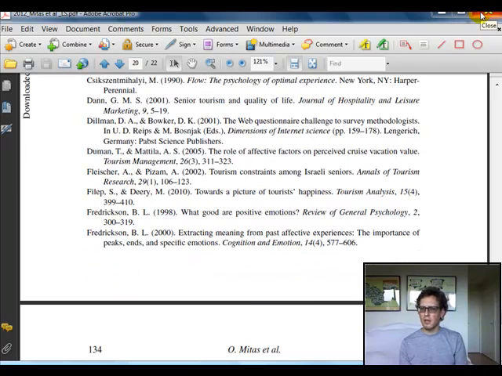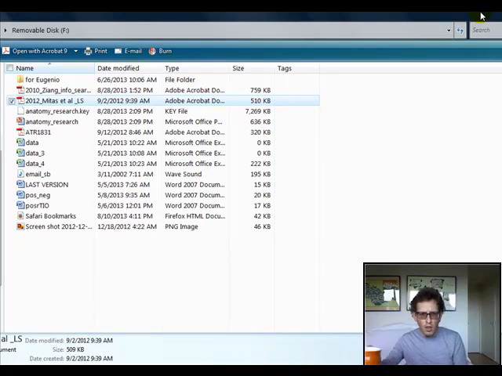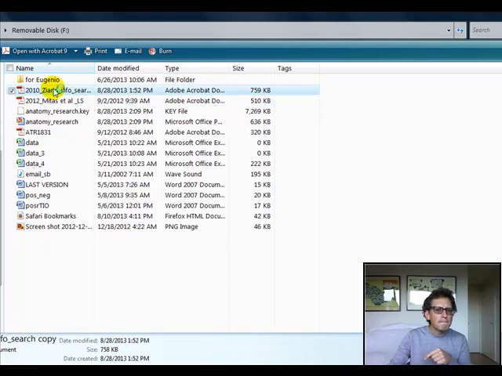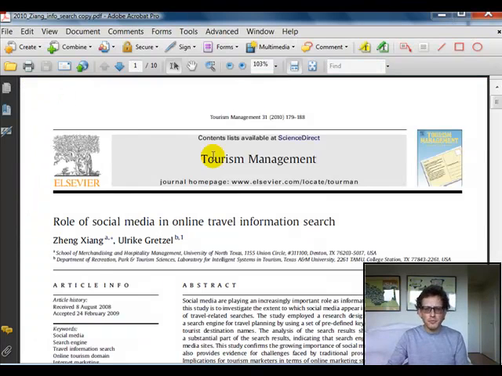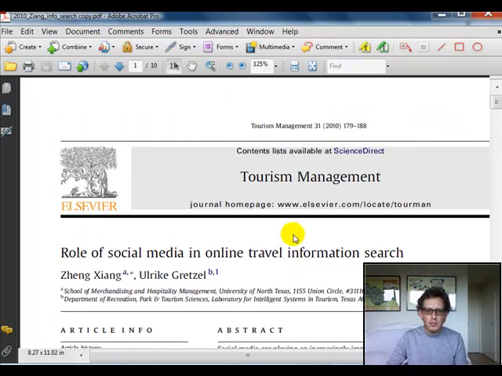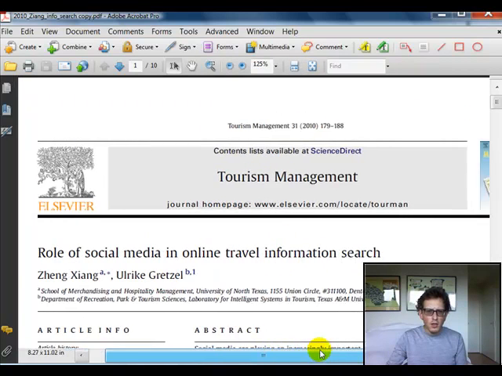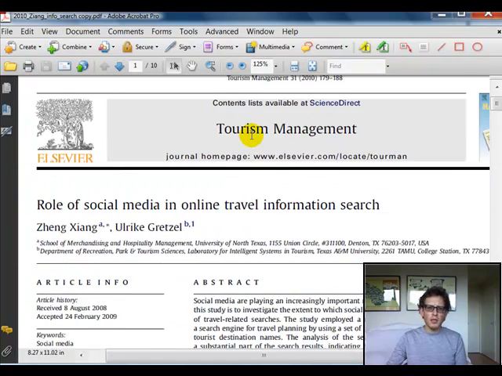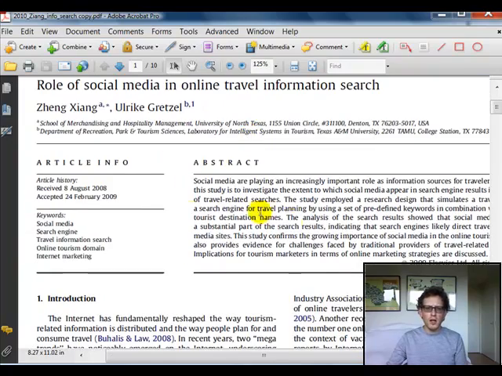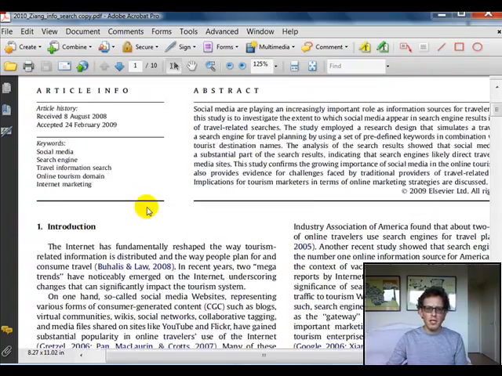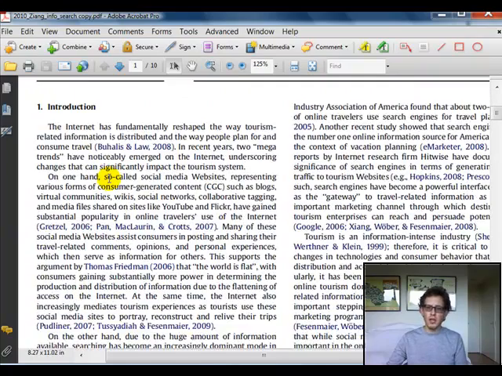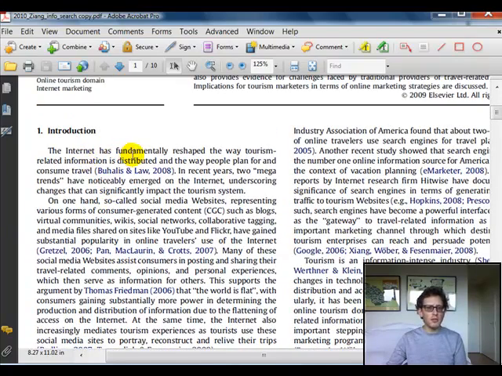Alright, let's look at the one about social media. Okay, here the text is a little small, maybe we can zoom in just a bit. Okay, again we have title, authors, and abstract. And keywords, here the introduction is actually labeled as an introduction. What's this article about?